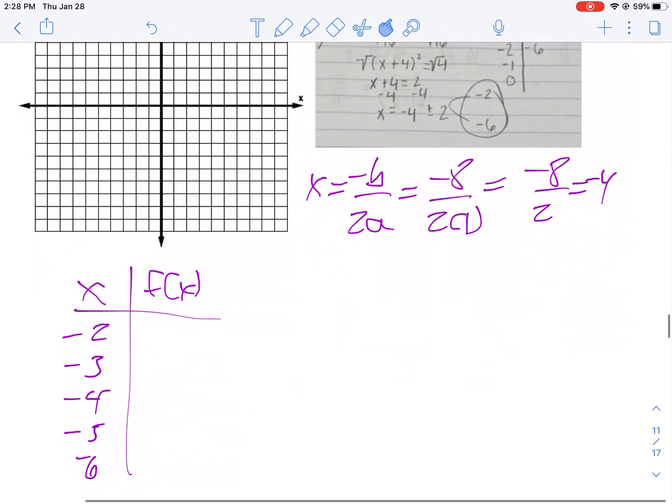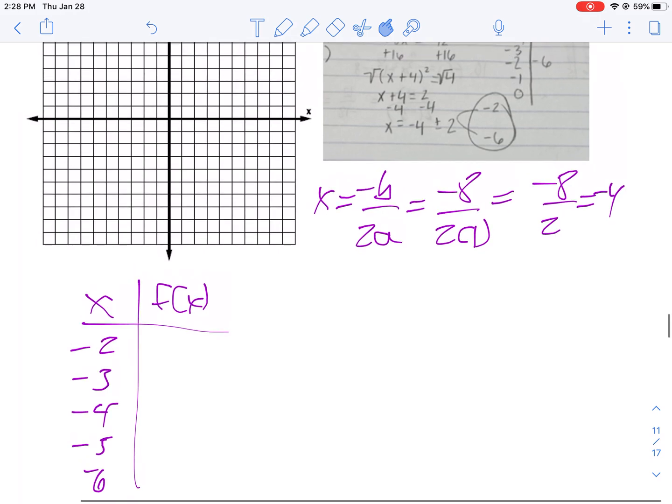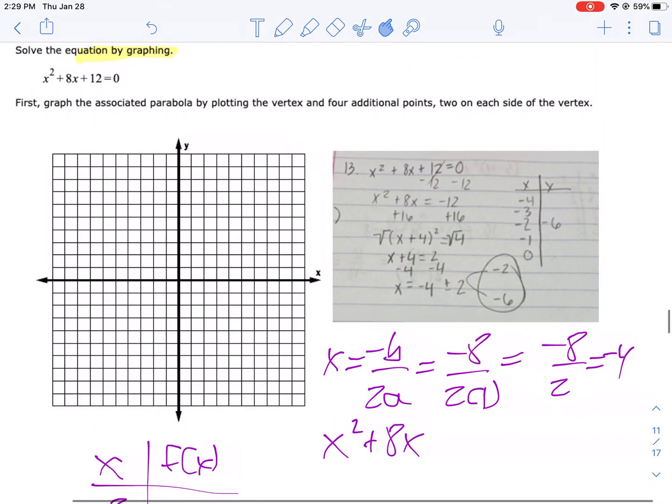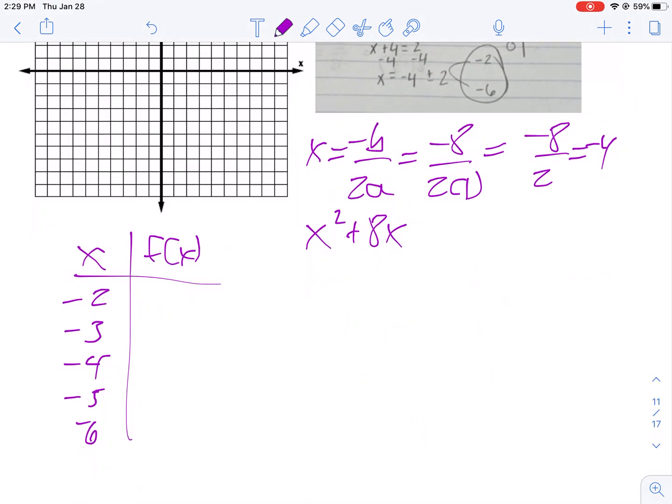So let me write this down. x squared plus 8x plus 12. Okay, so now let's put in -4.